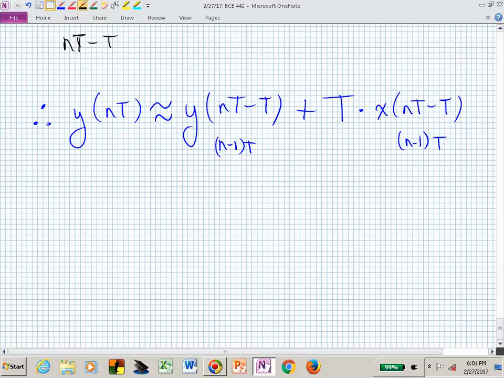This is a time domain version. We like to think in both domains. Let's go into the frequency domain, the transform domain, and see if that gives us any additional information. It's nice to know that you have the ability to move back and forth. What happens to y of nT if I z transform it?